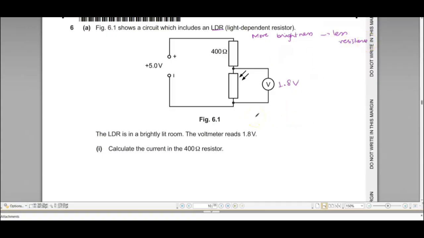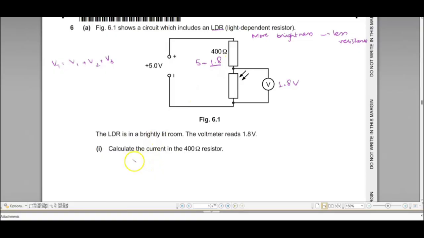Okay, so once we've established this, let's calculate the current in the 400 ohm resistor. Actually, 5 volts is being supplied to both the resistors. So if one of the resistors is getting 1.8 volts, and as this is a series circuit, and in series, the total voltage is V1 plus V2 plus V3 and so on. So whatever voltage the LDR is receiving, this resistor is going to be receiving 5 minus that.